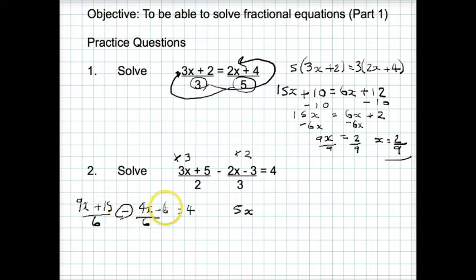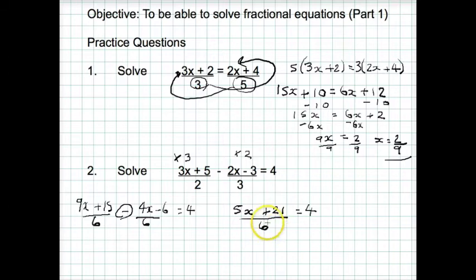Well, a negative and a negative next to each other become a positive. So 15 take away minus 6 is the same as 15 add 6, which gives me a positive 21. So I get 5x plus 21. Now that's going to be over 6, and that equals 4. Now we've got a more simple fractional equation here.